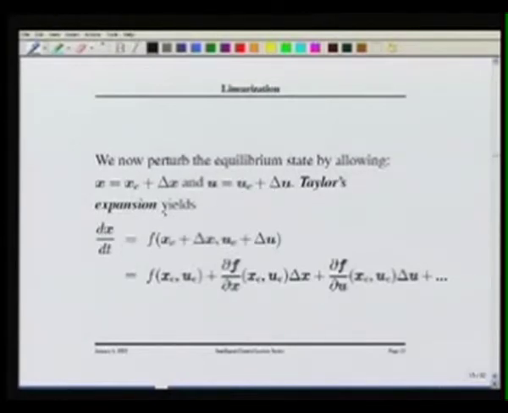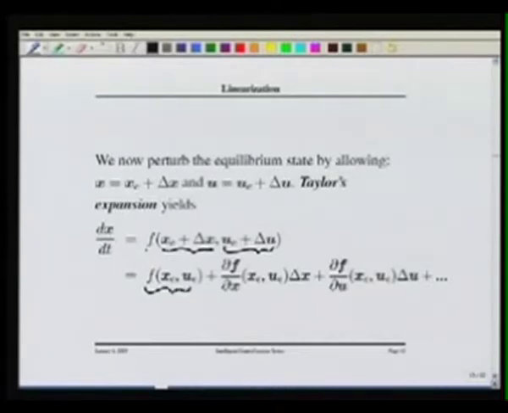Then Taylor's expansion yields, we can write dx/dt is f of x and u due to perturbation, and we expand this using Taylor's expansion. So, you get first this is your equilibrium point, the operating point.